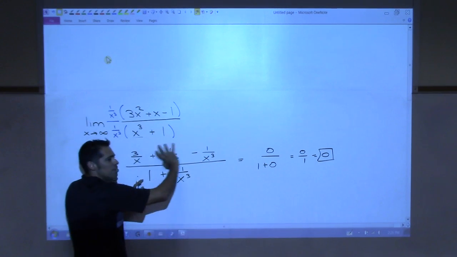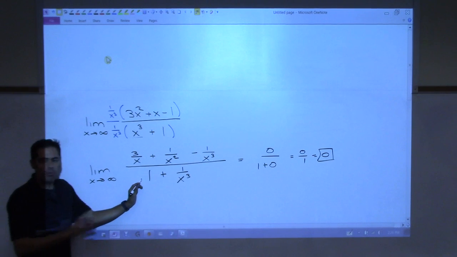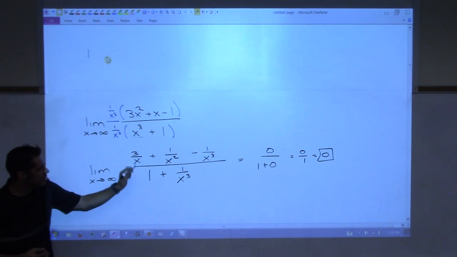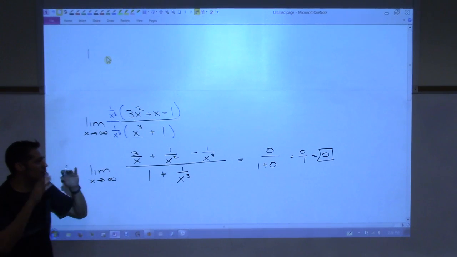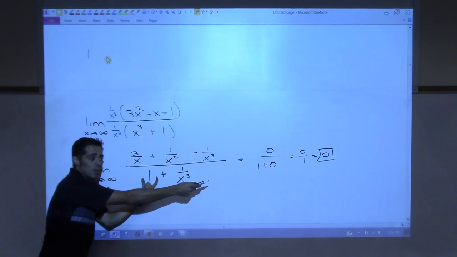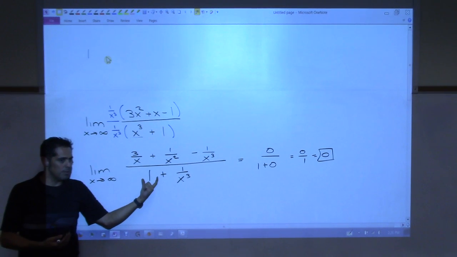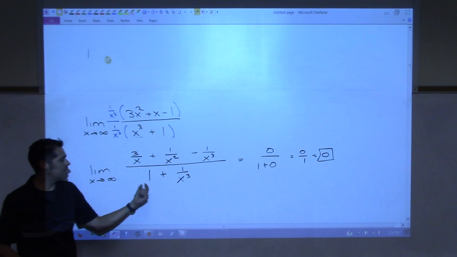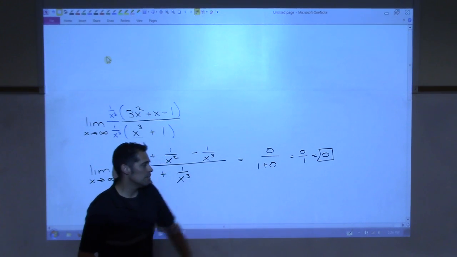Everything else, I wouldn't care if everything else went away. I don't want the denominator to ever be 0 though, do I? And that's why I go to the highest power down here and make it go away. I know that no matter what after that, the denominator won't be 0, and I shouldn't have a problem anymore. That's why we do it. Everything else went away in this problem, but this guy stayed here, and that saved us from division by 0 again.